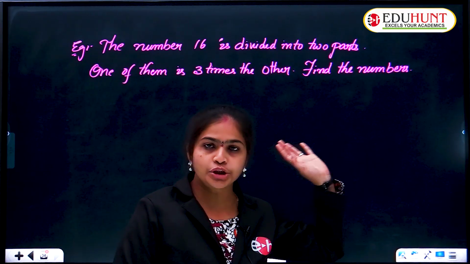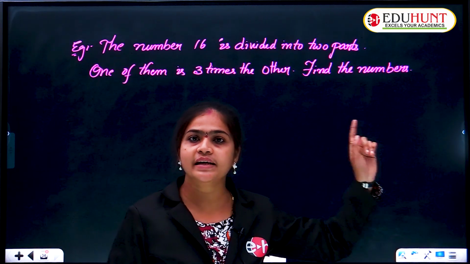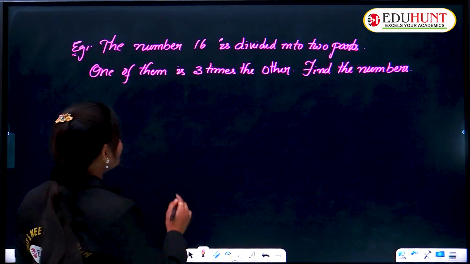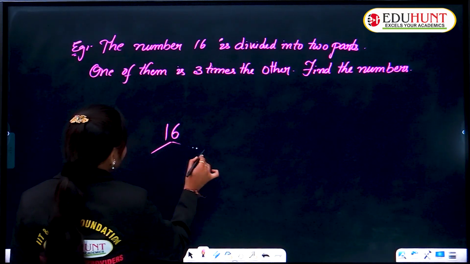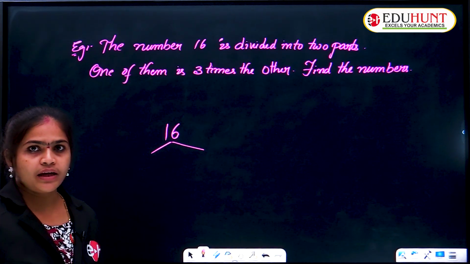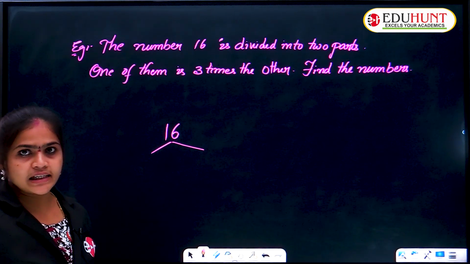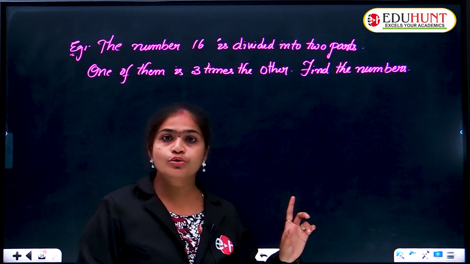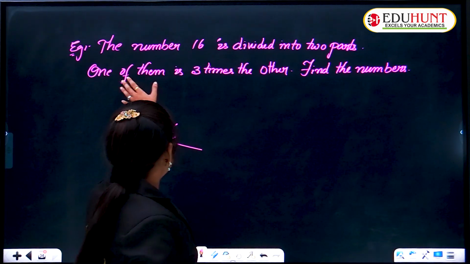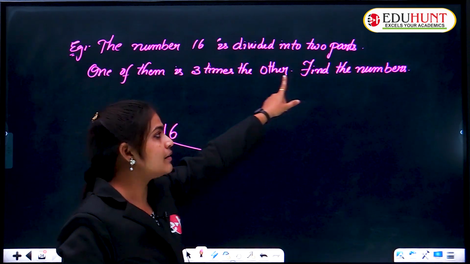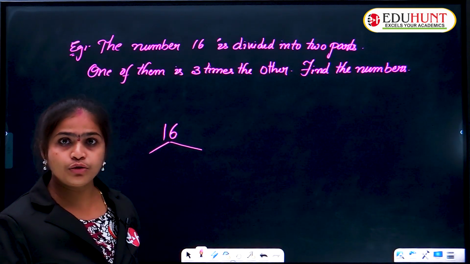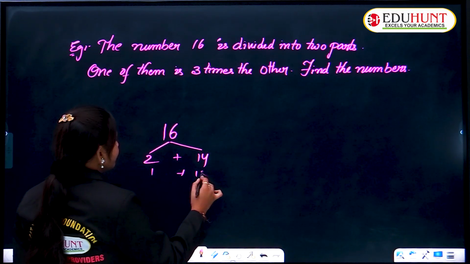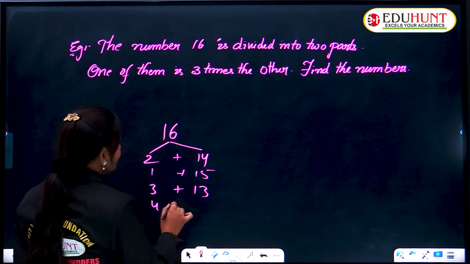First read the question carefully. First step, read the question carefully. The number 16 is divided into 2 parts. Just for that first sentence, 2 parts means here you can take 2 plus 14, 1 plus 15, 3 plus 13, 4 plus 12.